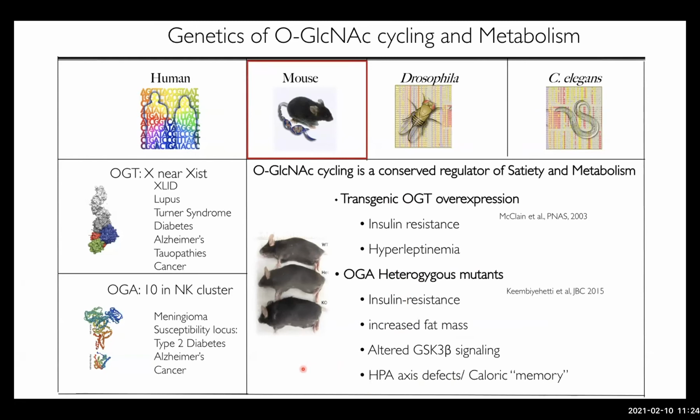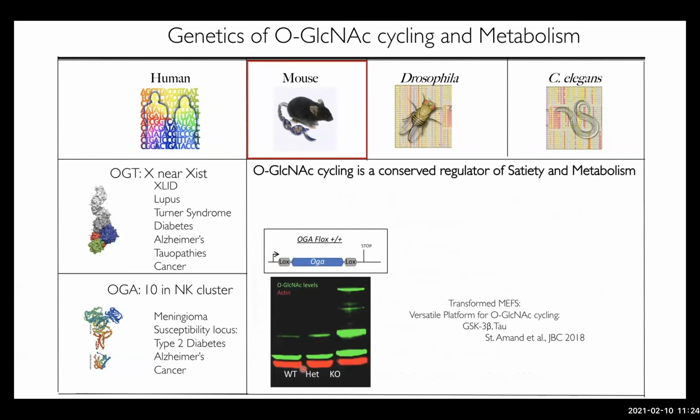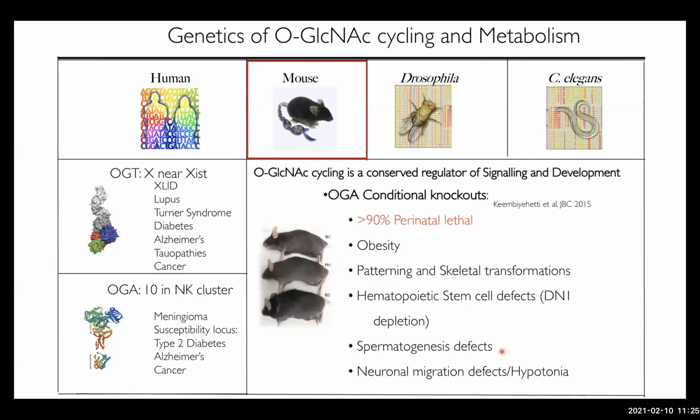And I wanted to talk a little bit more, though, about the complete knockout, because the ability to take a flox allele, in this case, the O-GlcNAc allele, and completely knock it out allows you to develop tools such as transformed mouse embryo fibroblasts, which we've used and we've made available to the community. We also look at these OGA conditional knockouts in the context of human disease.